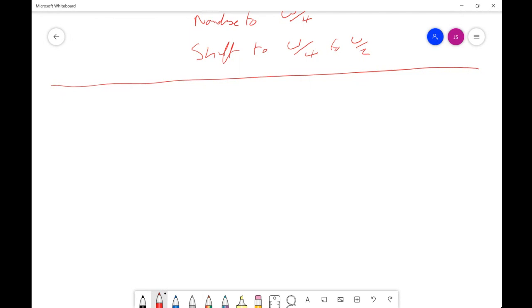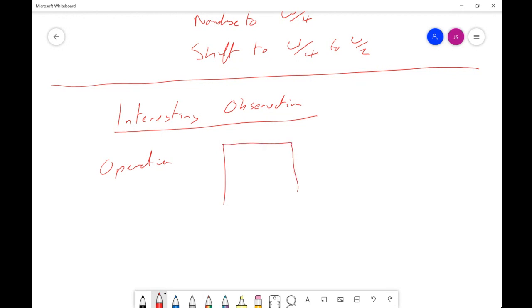Okay, interesting point. Interesting observation with image processing. The operation. Here is your filter operator window.